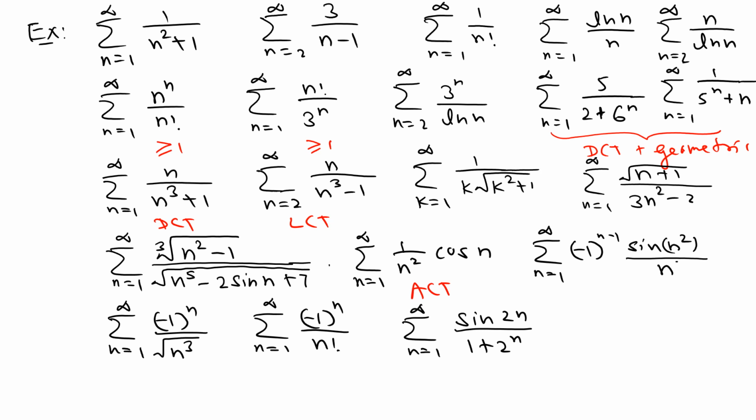Just try as much as you can depending on how much time you have. You don't want to try all of them, but you can see these are all under those three types: the direct comparison test, limit comparison test, or the absolute convergence test. Especially the last five work on the absolute convergence test.